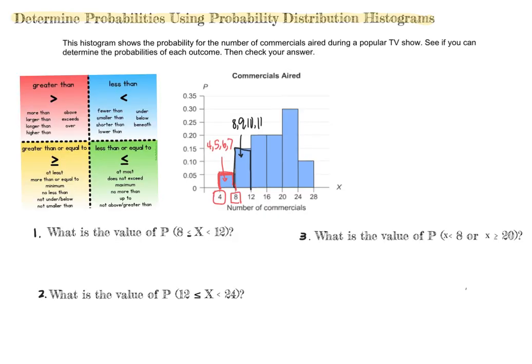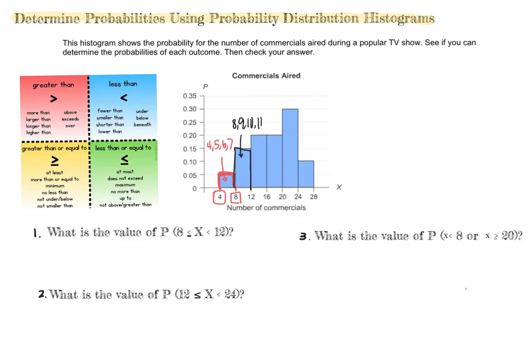Now, it's important to understand what these symbols mean when you are reading the problem. And so before we dive into the probability itself, I do want to talk about these symbols right here, your comparison symbols. Now, if you notice, they both are a less than symbol. However, one has a line underneath. So that means it's less than or equal to.